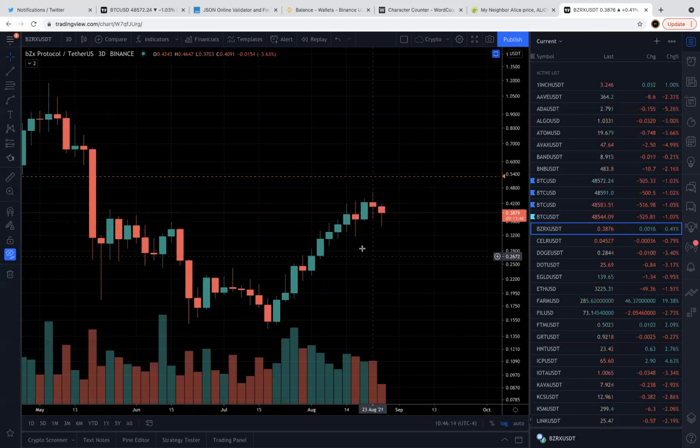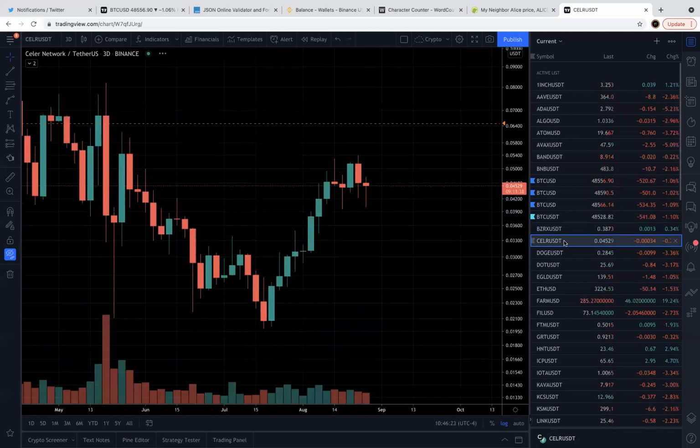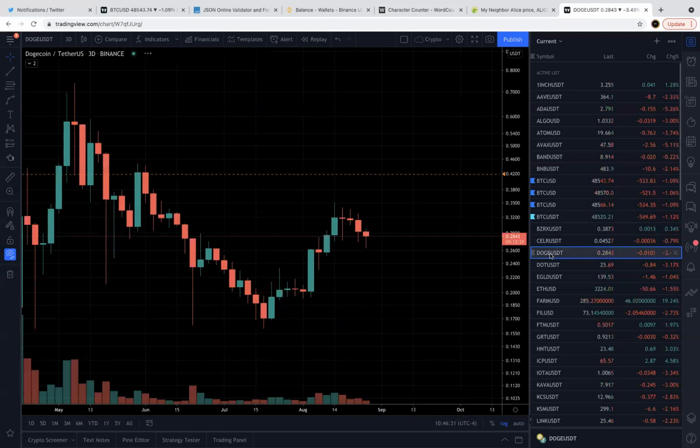BZRX. Not bad, isn't it? This is again under the influence of BTC. Also similar, there's nothing additional. Very much similar. This is a weaker coin. There's nothing like Band, what I said.